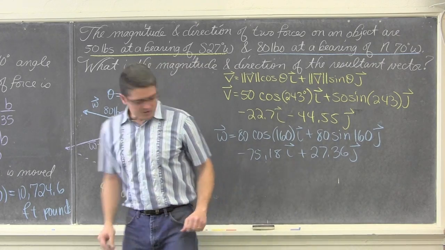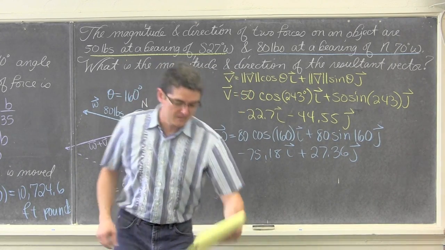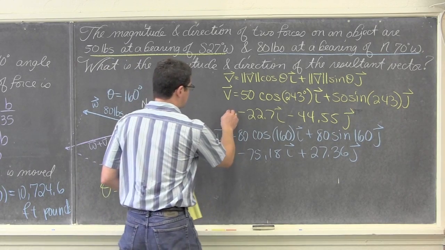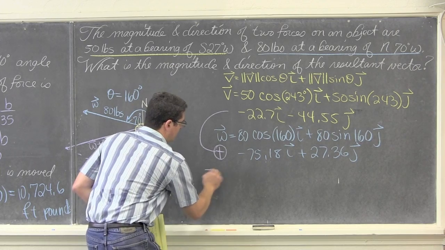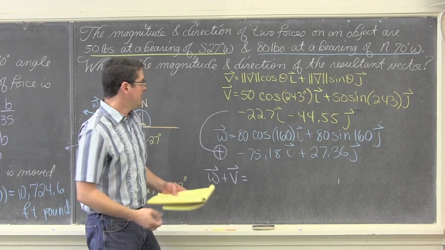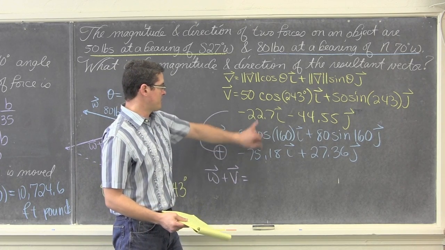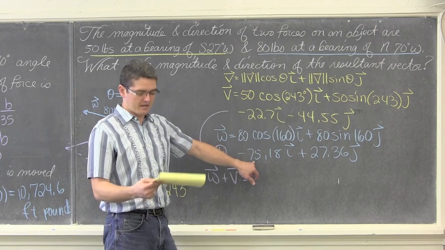The resultant vector is simply now the result of adding these together. So the resultant vector is going to be taking these two, adding them together, and W plus V, that vector, the resultant vector, is going to be negative 22.7 plus negative 75.18, or just minus, of course.